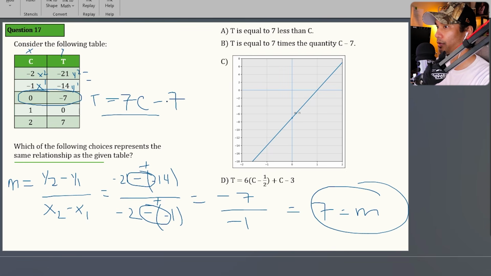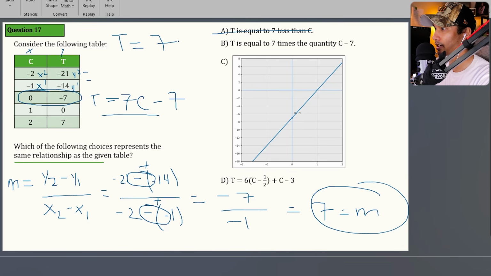So all we have to do now, and there is another gnat, T is equal to 7 less than C. So T is equal to 7 less than C, so C minus 7. And that is not our equation, so we can cross that out. And then what about this one? T is equal to 7 times the quantity of C minus 7.